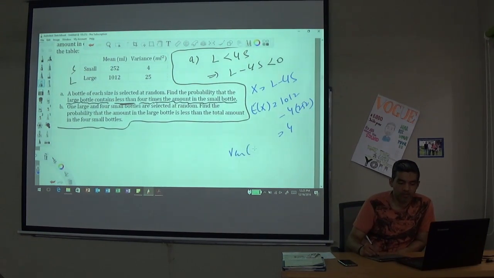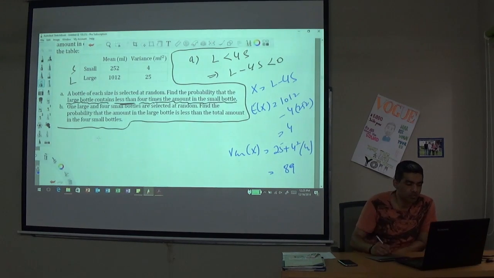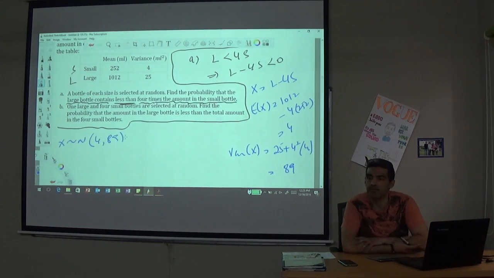The variance of X would be L, that's 25, plus this 4 becomes 4 square times 4. So what's the answer? 89. So X also follows a normal distribution with mean 4 and variance 89.